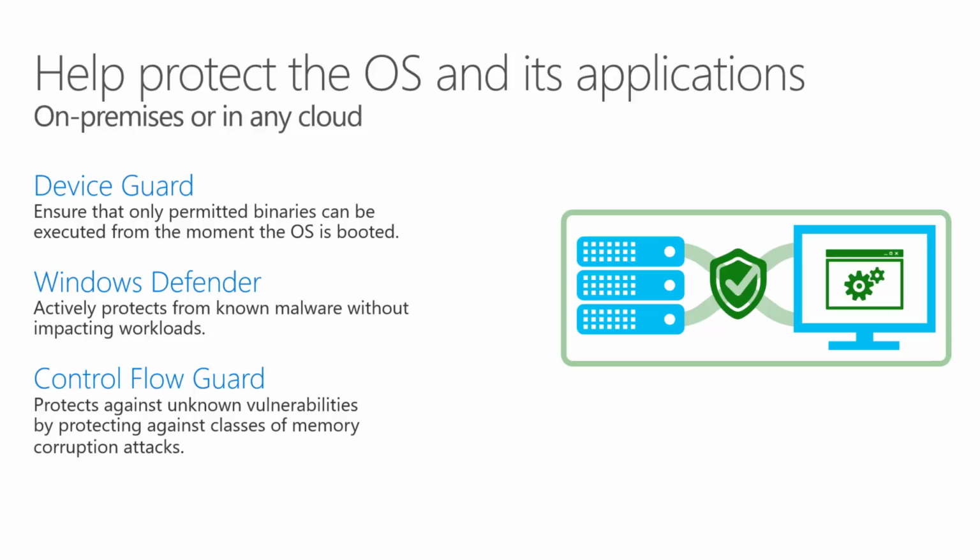So making sure that drivers aren't being replaced, etc., from the last time the operating system booted. We've also got Control Flow Guard, and its purpose is to go through and protect you against unknown types of vulnerabilities, especially when you start taking a look at different types of memory corruption attacks.